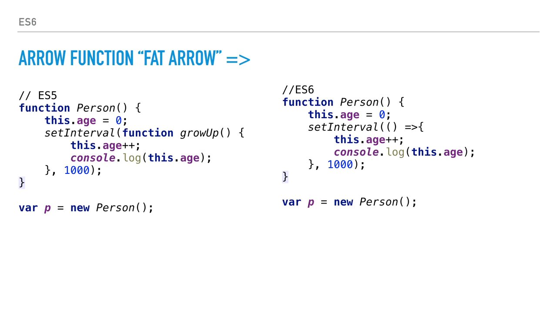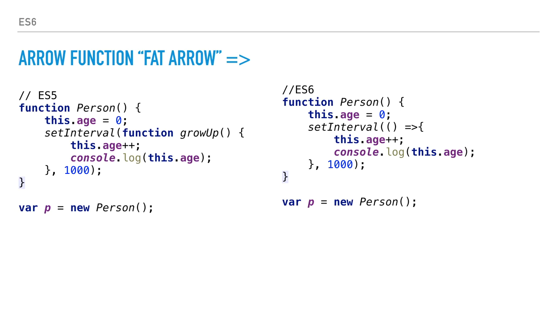What's the answer? Well, the answer is that when you print console.log(this.age), the value is null because the this.age inside the setInterval is pointing to the global window, right? So there are many hacks to solve this.